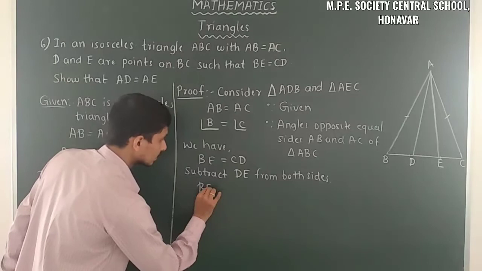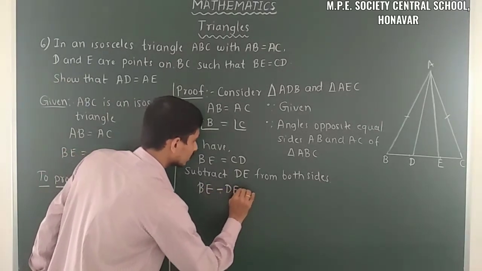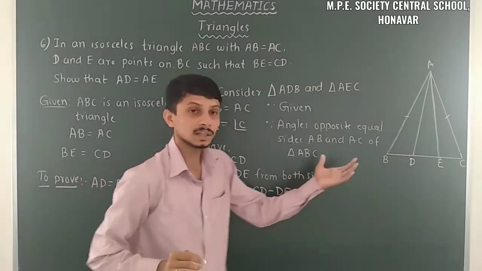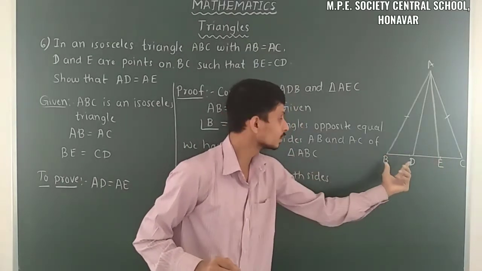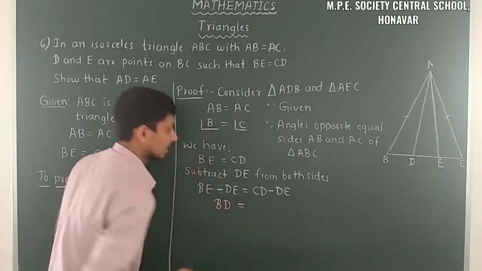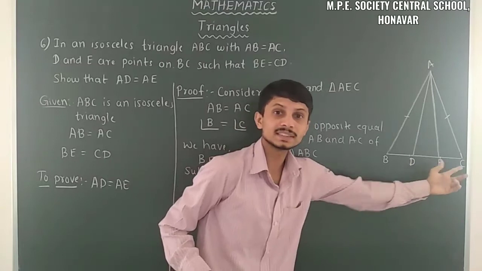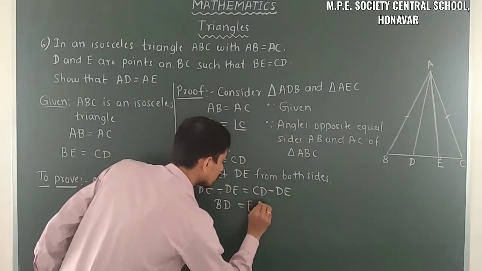BE minus DE is equal to CD minus DE. So when we subtract DE from BE, what we get? BD is equal to BD. Then CD minus DE. When we subtract DE from this CD, we have EC is equal to EC.